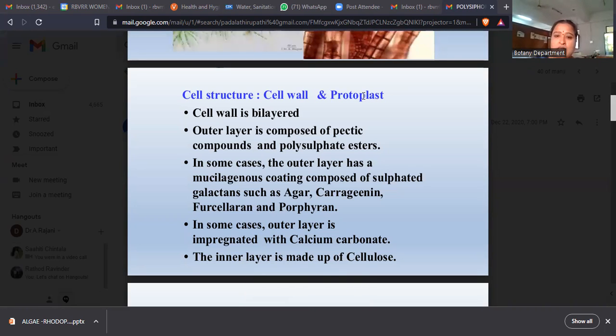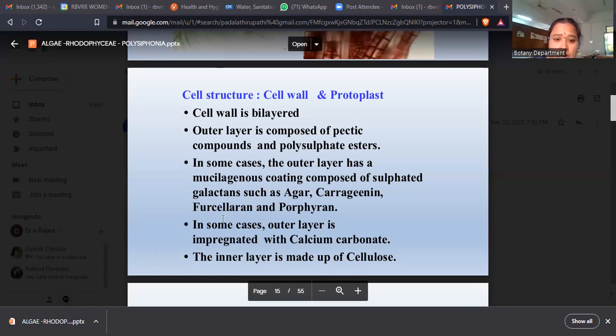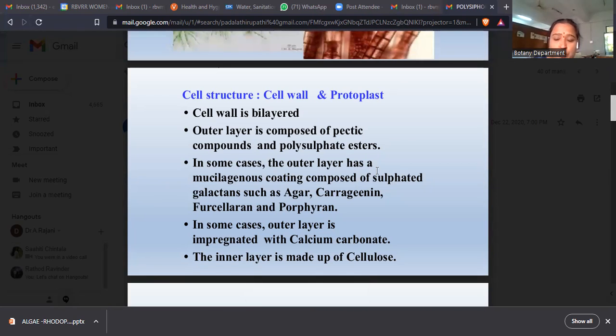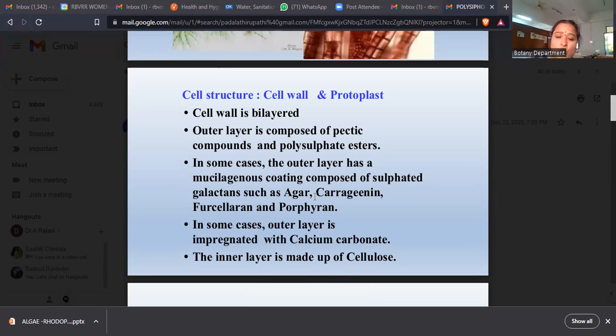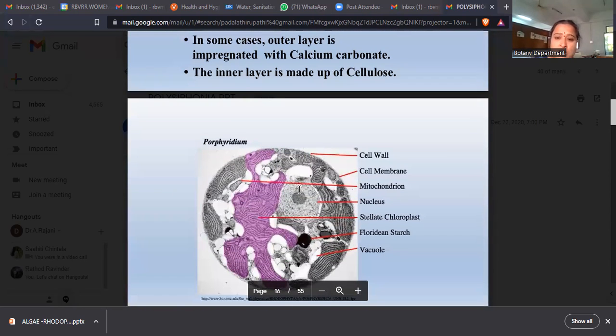The outer layer is always covered with a mucilaginous coating composed of sulfated galactose sugars: agar, carrageenan, furcellaran, porphyran. These are the two most important components of the cell wall. In some cases, the outer layer is impregnated with calcium carbonate also. The inner layer is made up of cellulose.